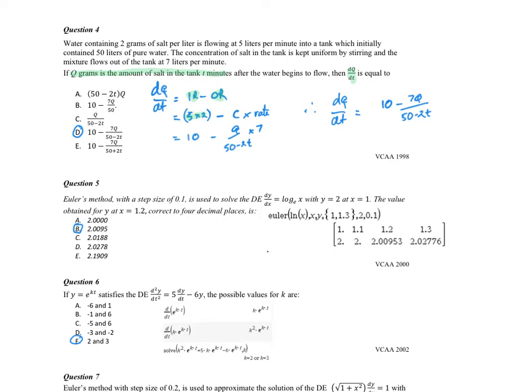The rate that it leaves us is the concentration of my solution times the rate at which it's leaving. The rate at which it's leaving is 7 litres per minute. The concentration is just how much salt there is divided by the volume of liquid. So what is the volume of liquid?